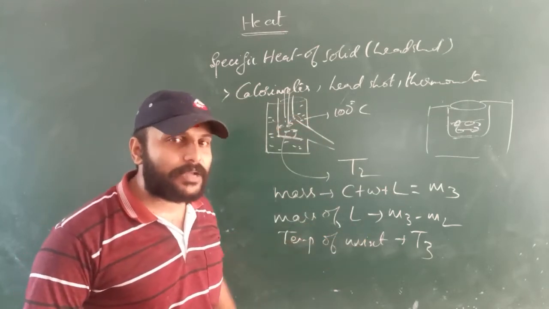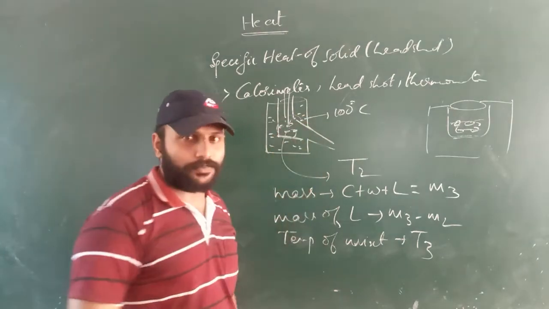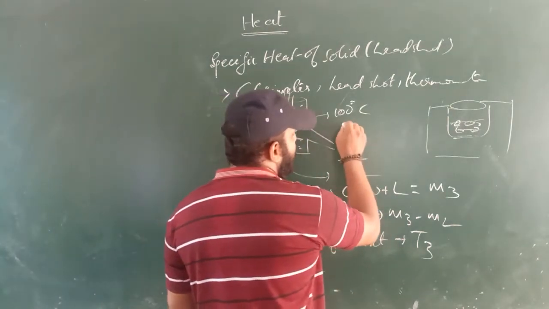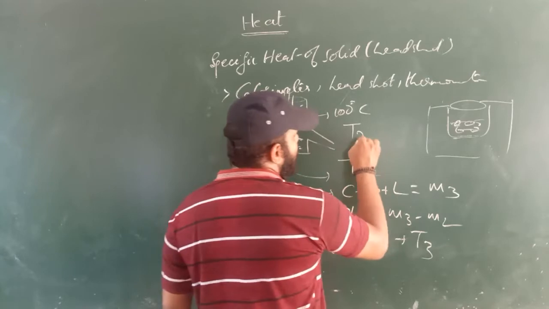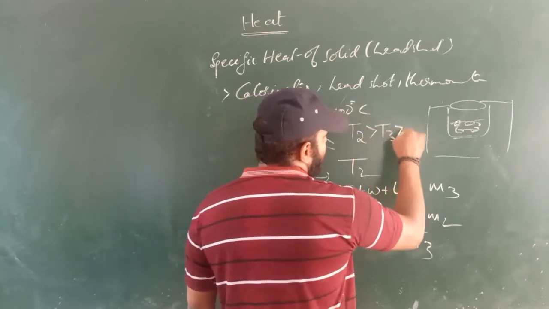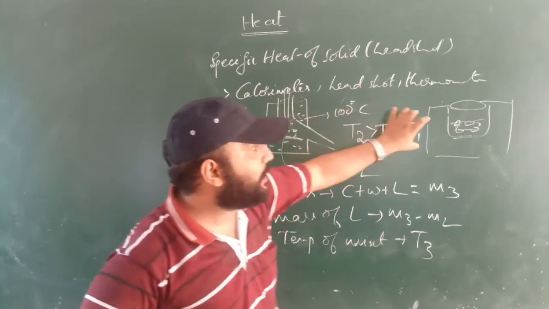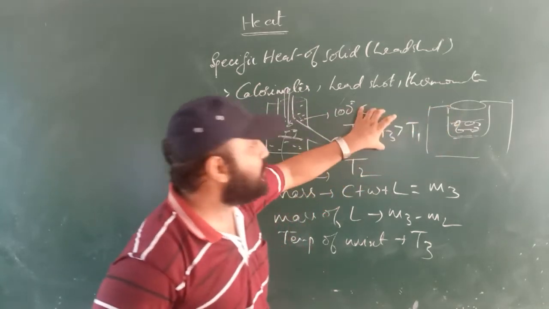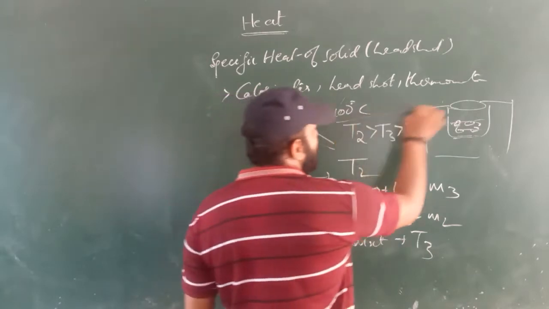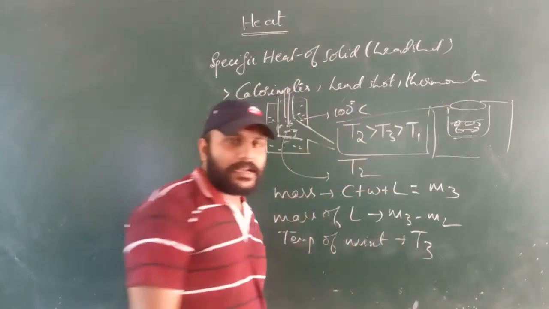Here which will have more temperature? The lead shot. So we can write the relationship: T2 is greater than T3 greater than T1. T2 is the hotter object, lead shot. T1 is the colder object, calorimeter. T3 is the temperature of the mixture.